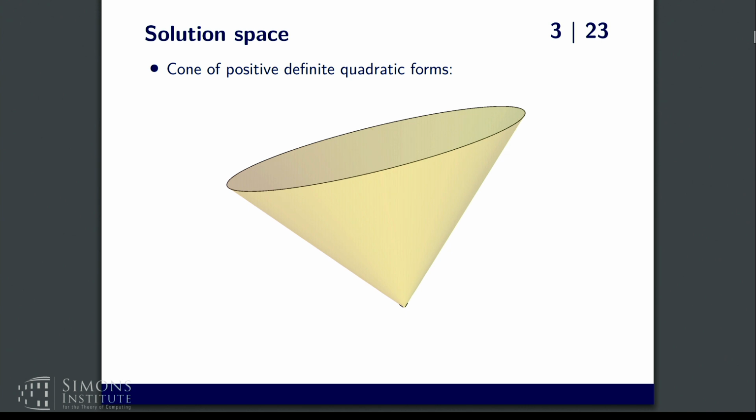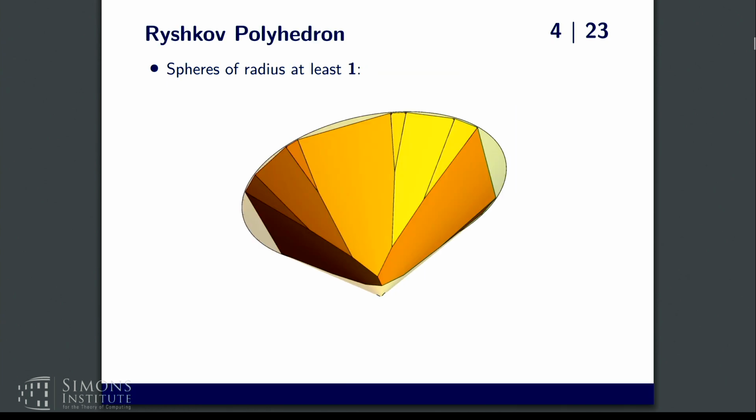Because we don't care too much about scaling, since scaling everything up keeps the density the same, we will now look at only those lattice packings that have spheres of radius at least 1. What you then get is the so-called Ryshkov polyhedron. All the points inside of this polyhedron correspond to lattice packings with spheres of radius at least 1.